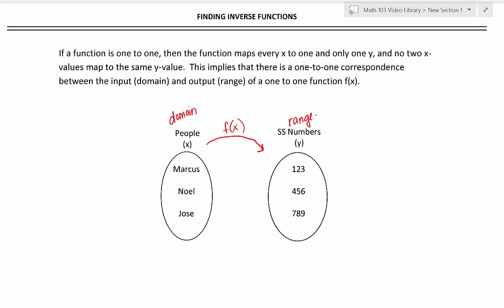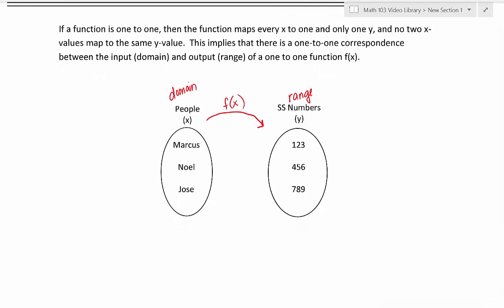Because there's this one-to-one correspondence between people and their social security numbers, we could type in a person's name and find out what their social security number is, or we could type in somebody's social security number and figure out what their name was.